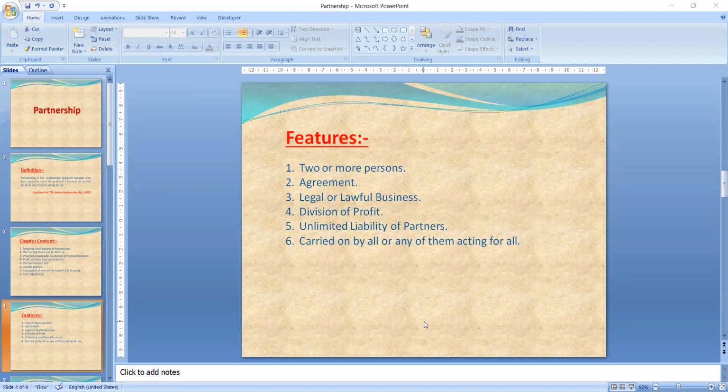So if the partner has only 1 lakh of assets, he can pay a maximum of 1 lakh to the business. Yes or no? Yes, because his assets will become nil after payment of 1 lakh.